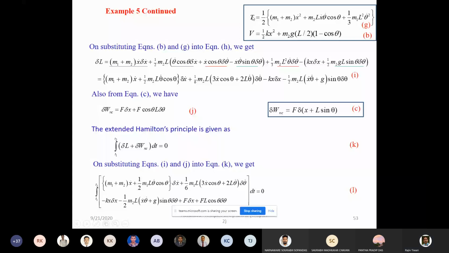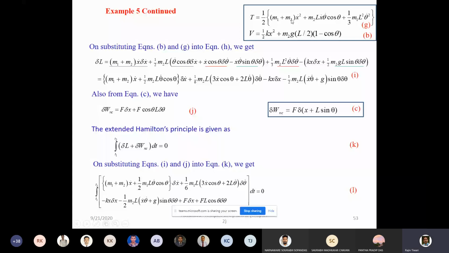When I take the variation, the variation operator is similar to differentiation. So the first term will give (m1 plus m2) x dot delta x dot. The variation of x dot squared will be 2 x dot delta x dot, and the 2 and the half will get cancelled. So this is the first term corresponding to this.